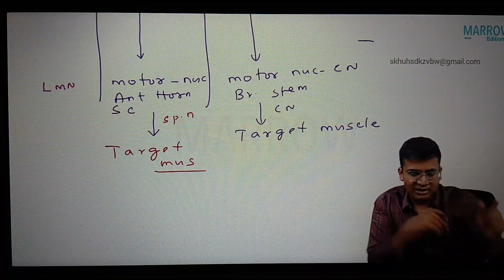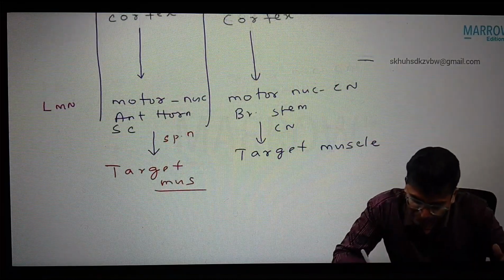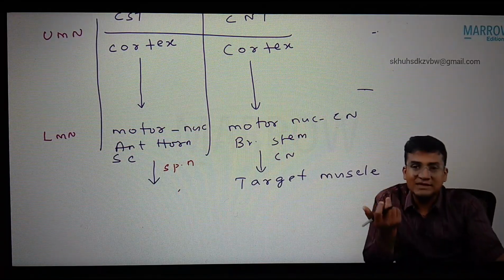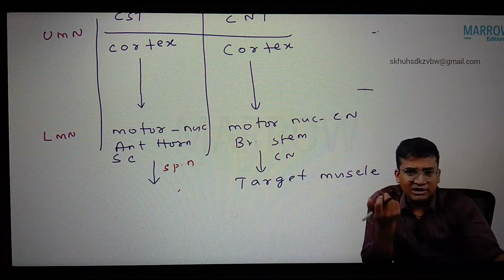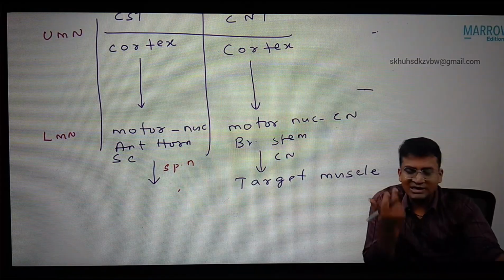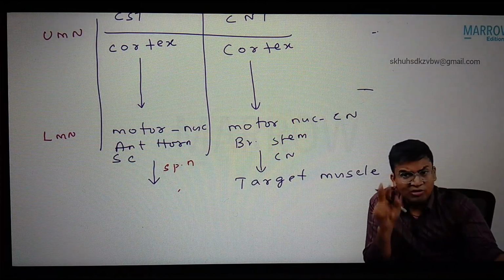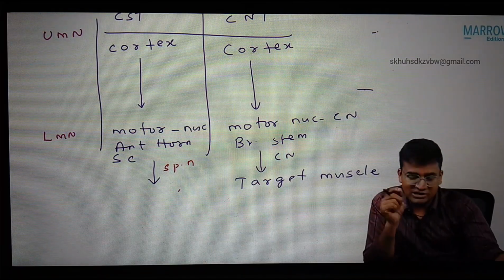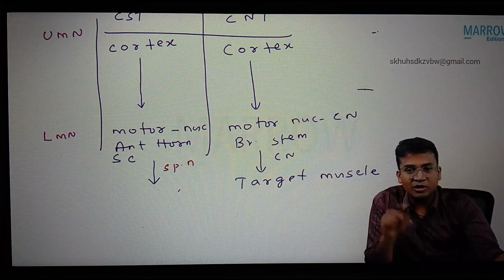Now, for example, let us see the pathway for the hypoglossal nerve. The upper motor neuron is present in the cortex. The lower motor neuron for the hypoglossal nerve is present in the motor nucleus, the hypoglossal nucleus in the medulla.